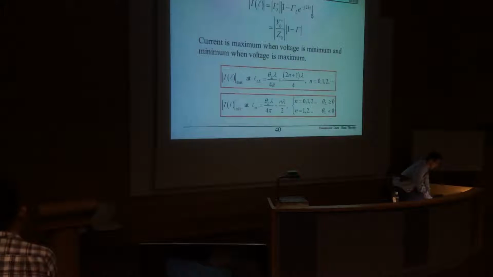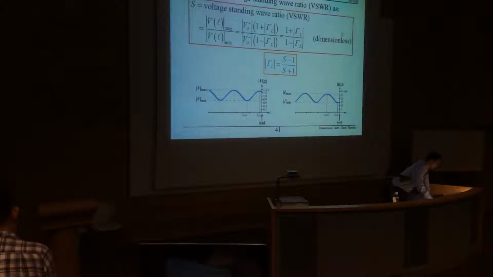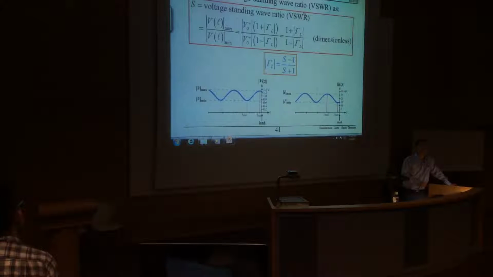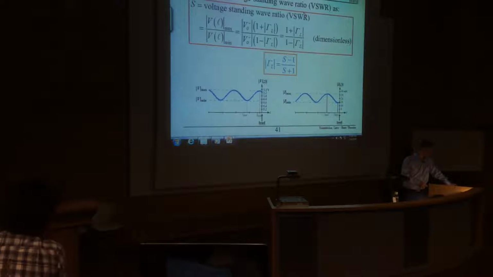This is quite similar to the previous case. Now the definition of standing wave ratio. Sometimes we call this the voltage standing wave ratio, VSWR. In different textbooks, sometimes we use VSWR, sometimes we just use SWR. They are actually the same.